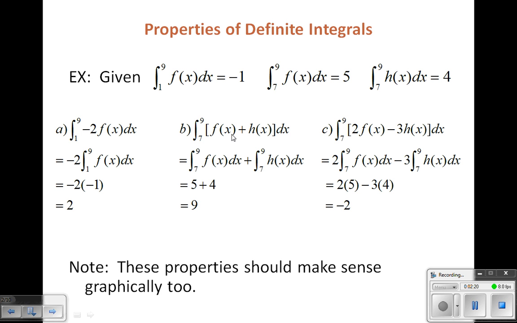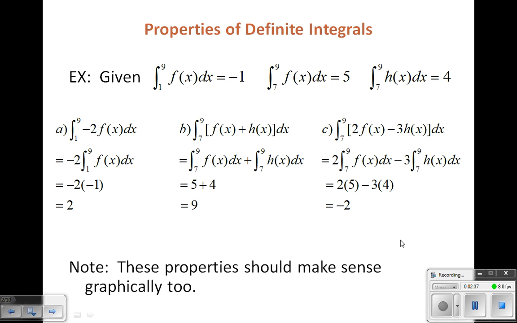So I'm just going to break this up. It's kind of like distributing your integral sign. The first part, I plug in the 5, and the second part, I plug in the 4. Again, 5 and 4 from up here. Okay, so I get 9.